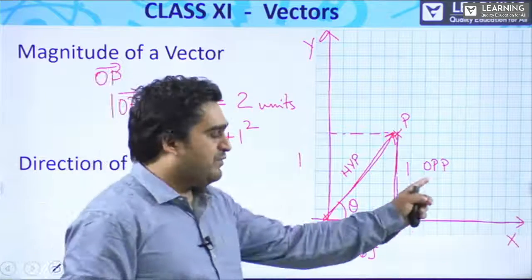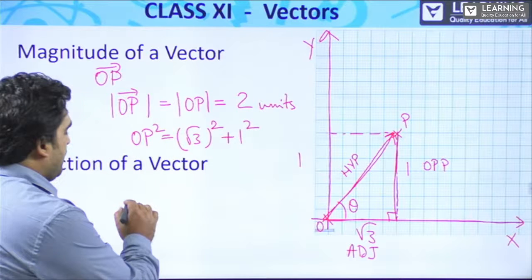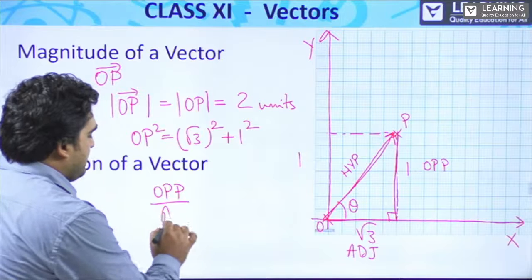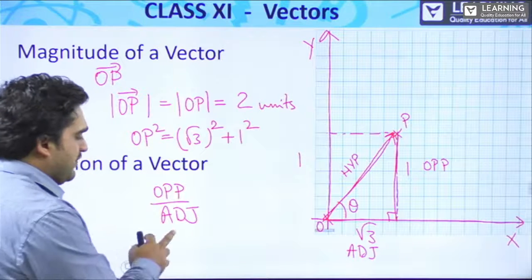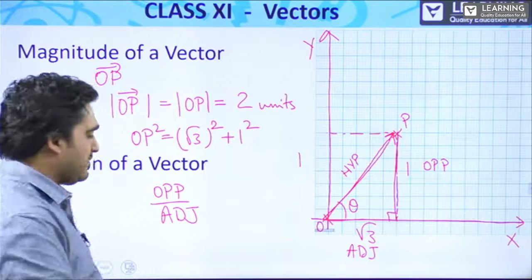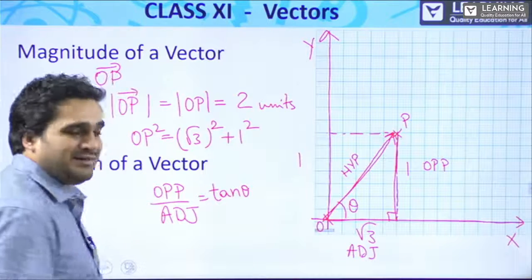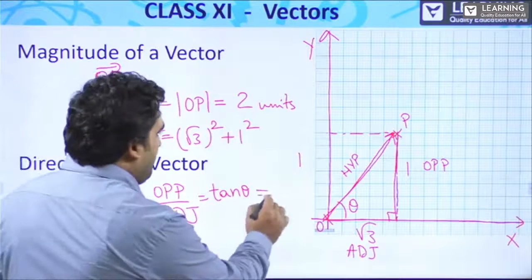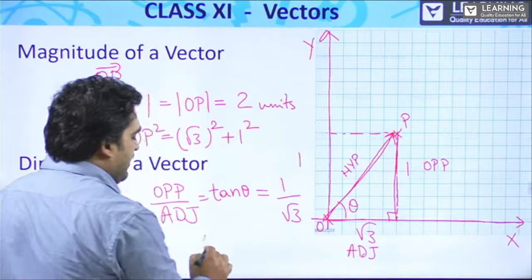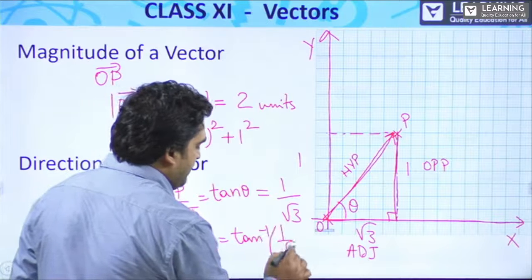Now we know the value for opposite, and we know the value for adjacent. So opposite divided by adjacent. What trigonometry ratio has opposite by adjacent? You define it by tan theta. What is the opposite value? 1. What is the adjacent value? √3. So now you have to find theta, which means you take tan inverse of 1 by root 3.